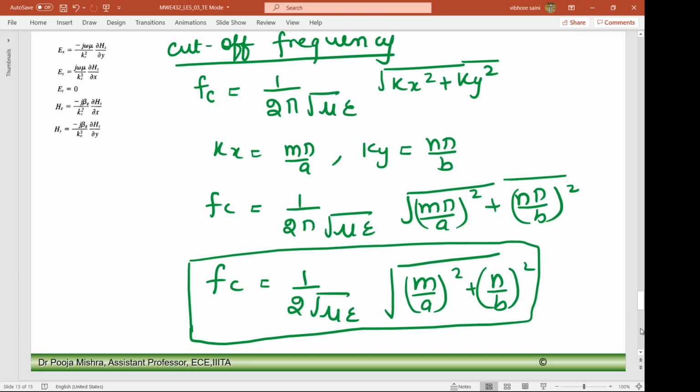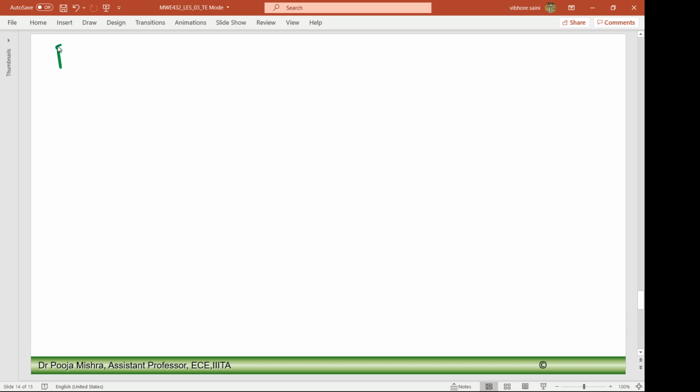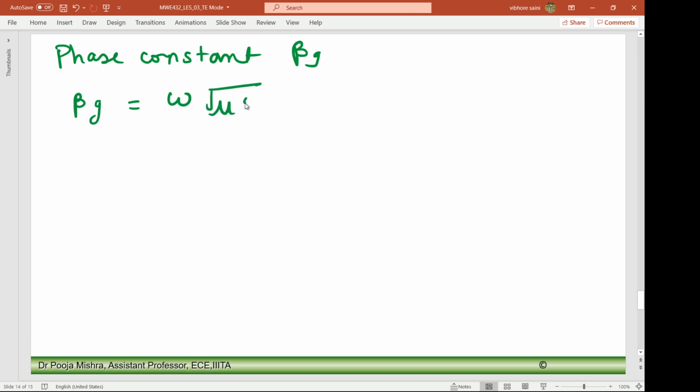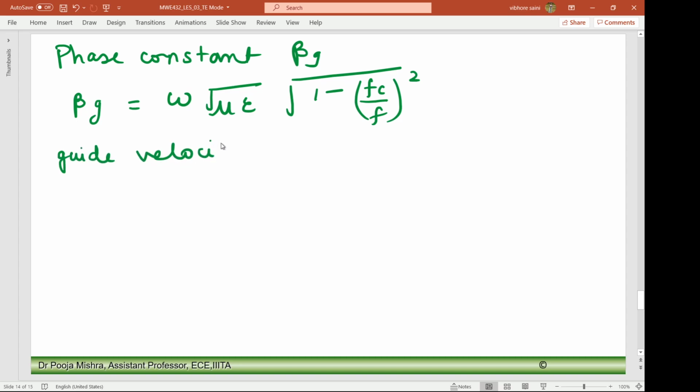Next is phase constant. Beta g is omega under root mu epsilon under root 1 minus (Fc by f) whole square. Guide velocity or group velocity Vg is equal to omega by beta g.